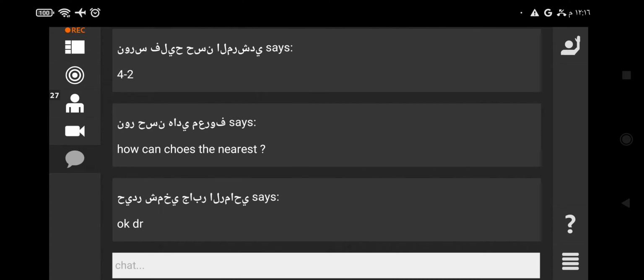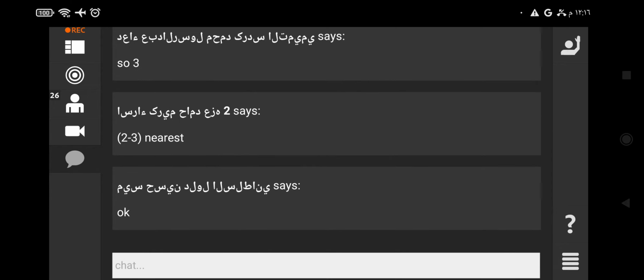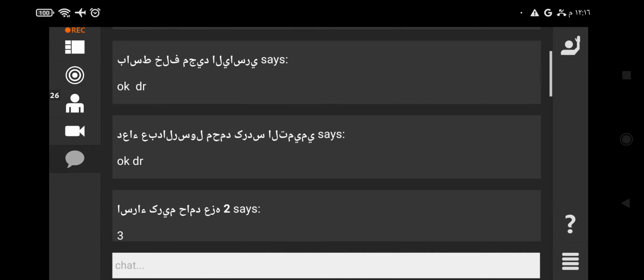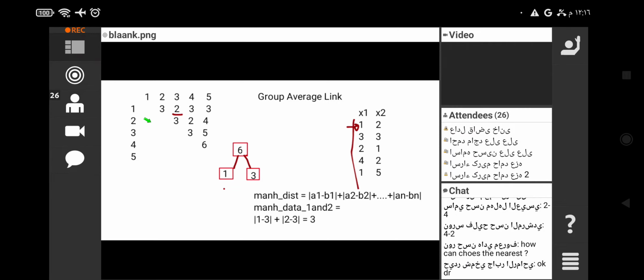Now what do we have to do in the algorithm? We have to find the distance of cluster 6 with the other clusters. What are the other clusters that are left?